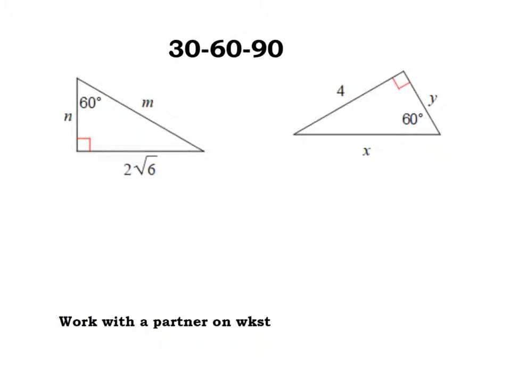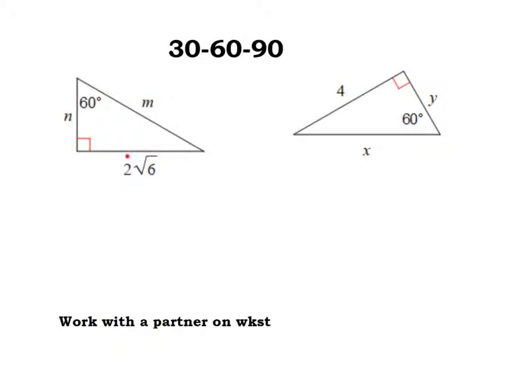All right, let's try this one. Getting a little fancier, you can see right here that they gave me the long leg. That's usually the worst situation when they give you the long leg. Okay, and as ugly as that is, it's actually going to work out pretty decent. Because if you look at the remember this slide, the long leg is the one that has the root 3 on it.